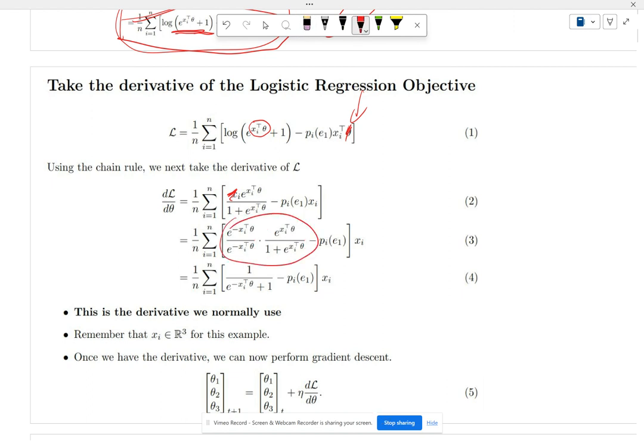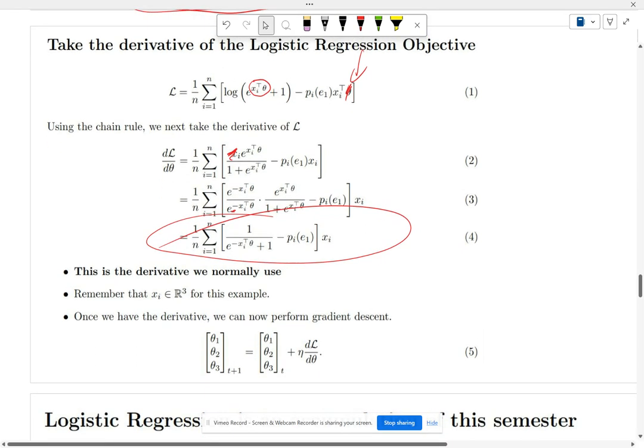And why did I want to multiply by 1? Oh, it's because then this becomes 1. And this part here becomes this. So you can see this times this, which is this. And then this times this. 1 is minus, 1 is plus. They cancel each other out, which then results in 1. So now this is a pretty simple form. So this is the derivative, right? This is the derivative we would normally use to solve logistic regression.